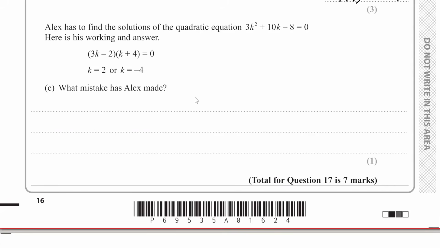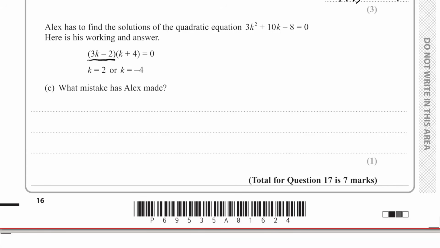Alex has to find the solutions of the quadratic equation 3k squared plus 10k minus 8 equals 0. Here is his working and answer. What mistake has Alex made? So we can see that Alex's first bracket was 3k minus 2. And then the answer given is k equals 2.